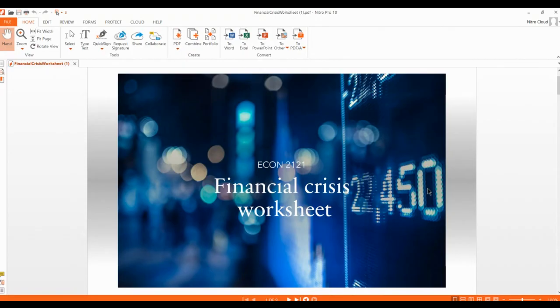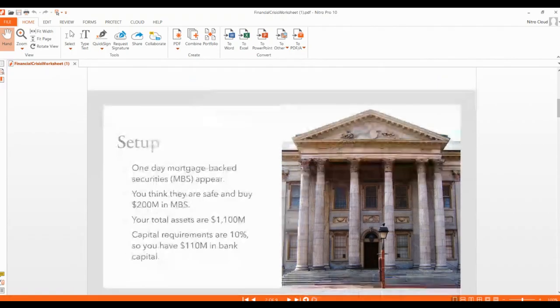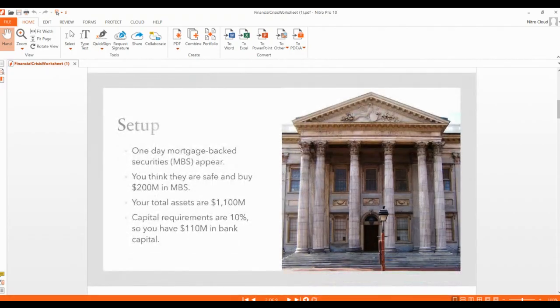So here is the financial crisis worksheet. First, the setup. You are the owner of a bank, and you're operating your business as usual, and then one day you find out that there's this new thing out there, mortgage-backed securities. They didn't exist before, but someone figured out how to create them, and now here they are.